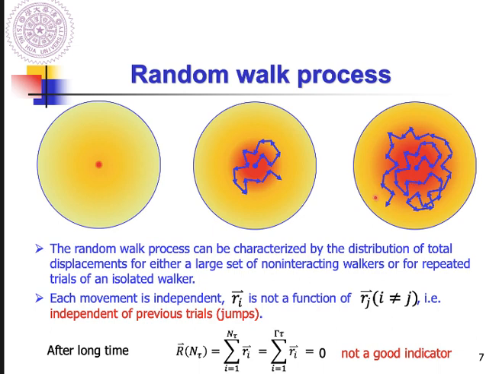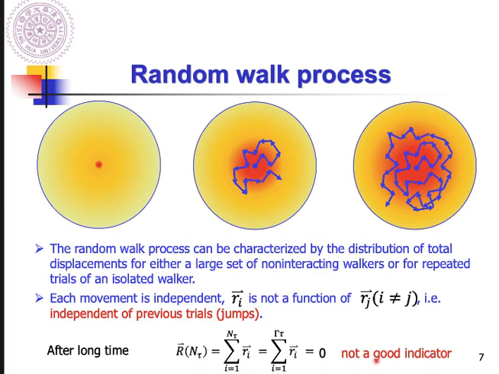The ideal indicator would be what? The ideal indicator has a proportional relationship: when the indicator increases, the diffusion increases. That one will be a good indicator. But capital R is not a good indicator for sure.